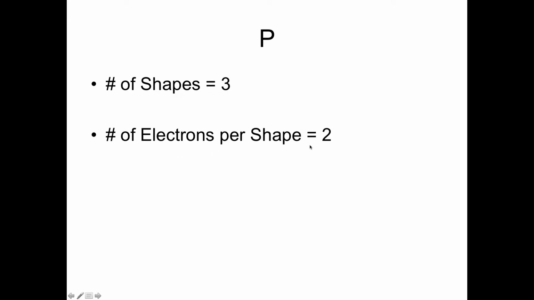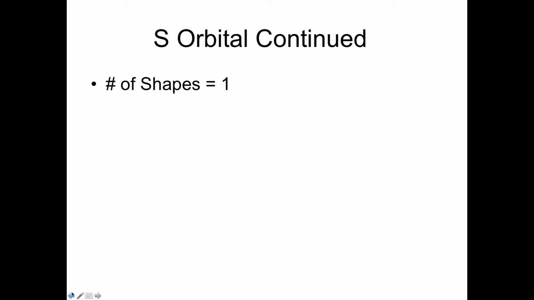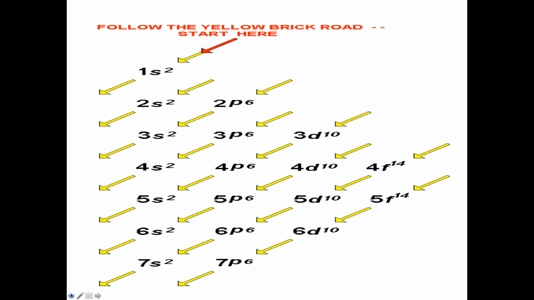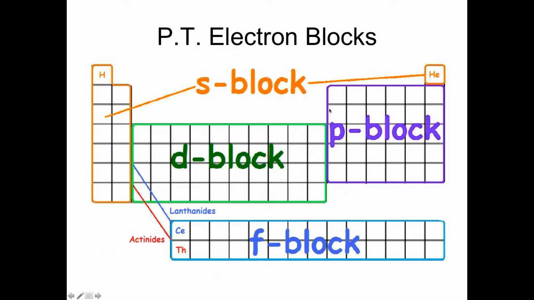Each shape can hold 2, which means that I can hold a grand total of 6 electrons within the P block area. If I go back one more time to that original slide, you will see the P block 1, 2, 3, 4, 5, 6, all the way up to 6, meaning that it can hold 6 electrons.